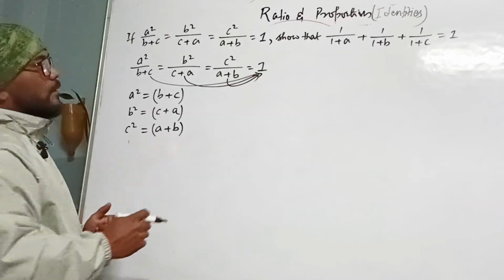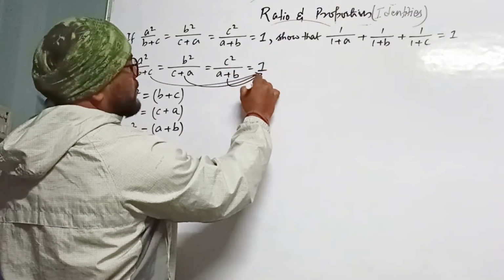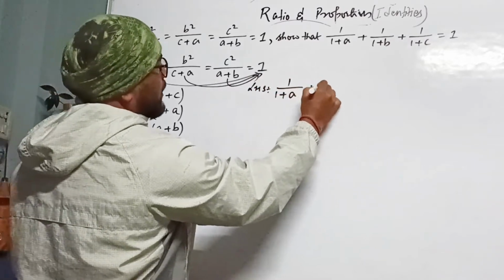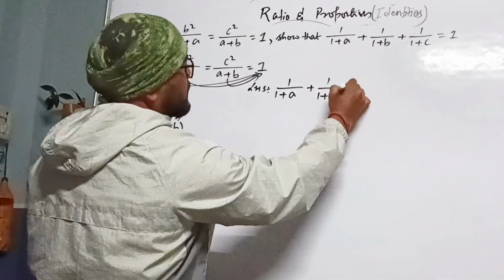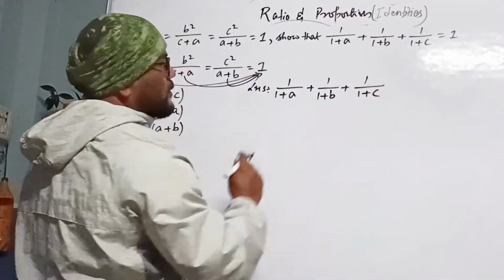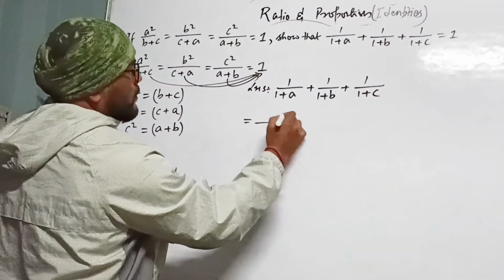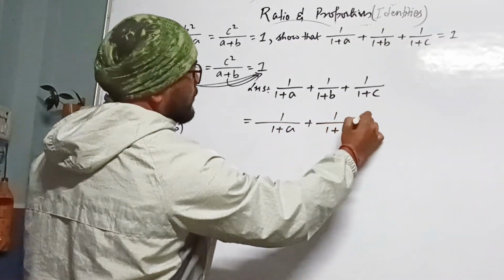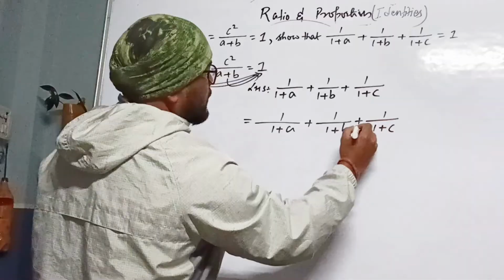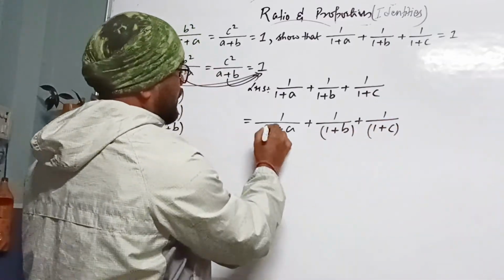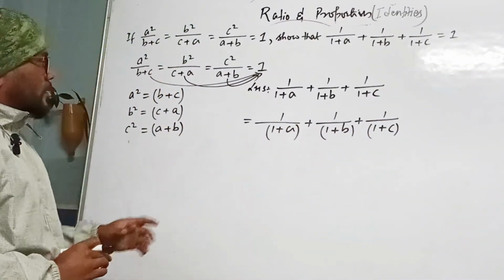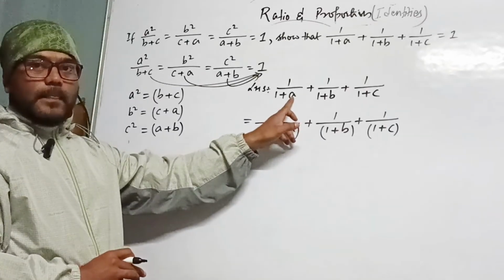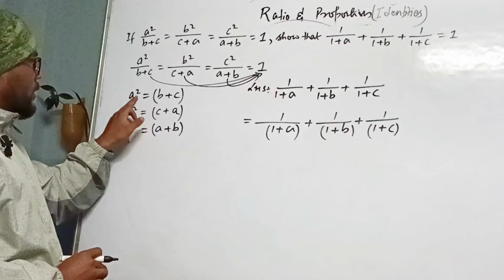Now let's see the LHS. What is the LHS given? 1 by (1 plus a), 1 by (1 plus b), 1 by (1 plus c). So the question has given us only a, but we have found the value of a square.